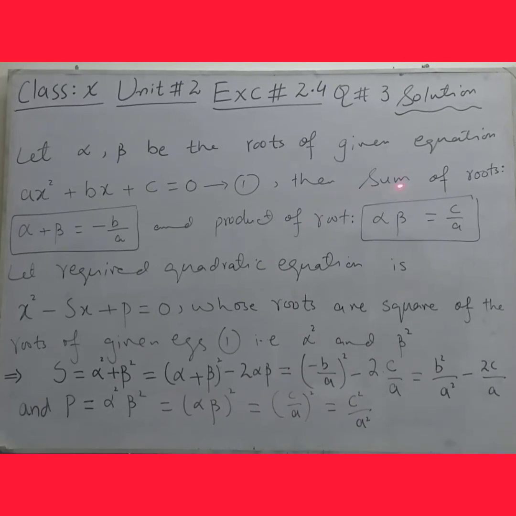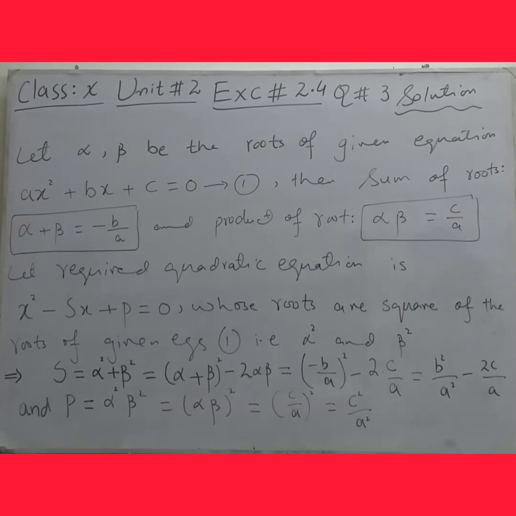So the sum of roots, alpha plus beta, is equal to minus coefficient of x divided by coefficient of x square, that is minus b by a, and the product of roots, alpha beta, is equal to the constant term divided by the coefficient of x square, that is c by a.